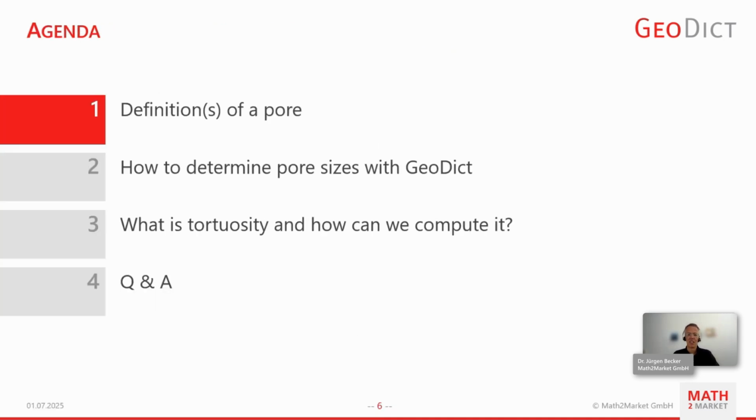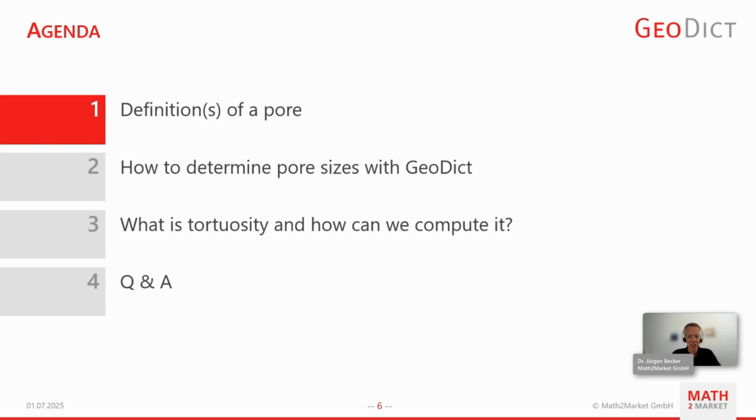So this seminar will consist of the following parts. First, my colleague Anne Blumer will show how GeoDict defines a pore and pore sizes. Then in the second part, she will demonstrate how to compute these values with GeoDict for two sample structures. In the third part, I will demonstrate GeoDict's ability to compute tortuosity with respect to different definitions of tortuosity.